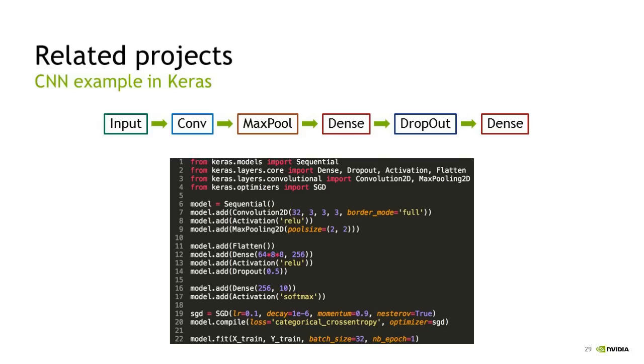So if we were defining a convolutional neural network with an input layer and then a convolutional layer with max pooling, and then a fully connected or dense layer with dropout regularization, and then another dense layer doing our final classification, in keras we can define that in the around 20 lines of code shown on this chart. We import a number of the keras submodules, which provide the particular functions we will need for defining this architecture.